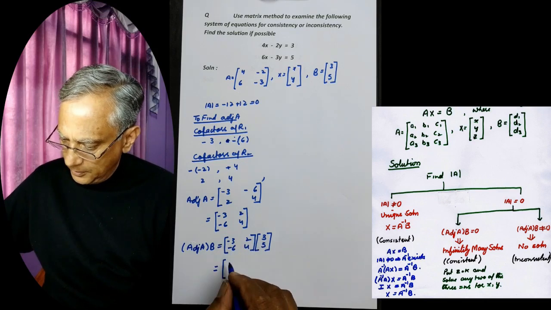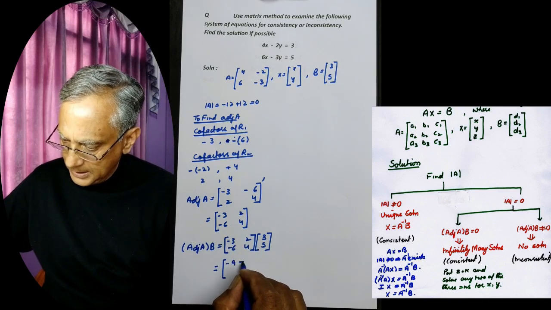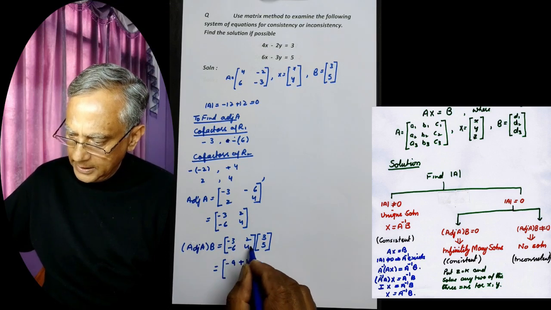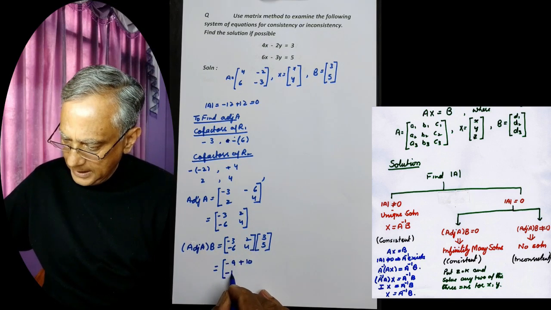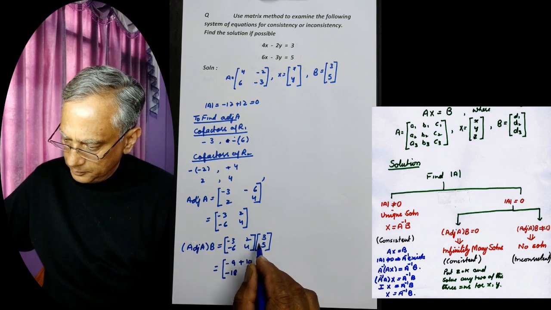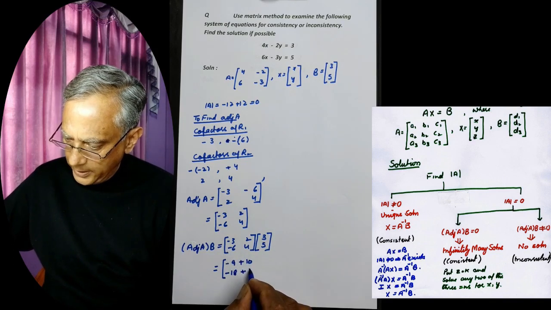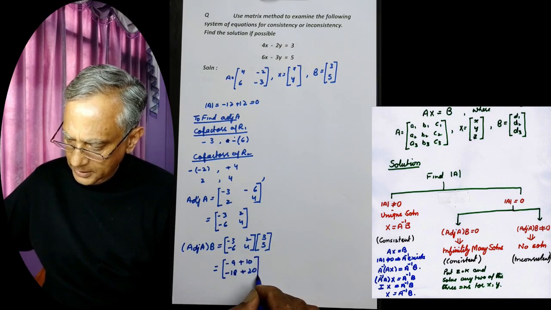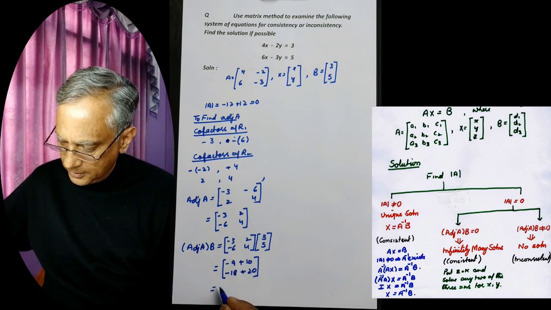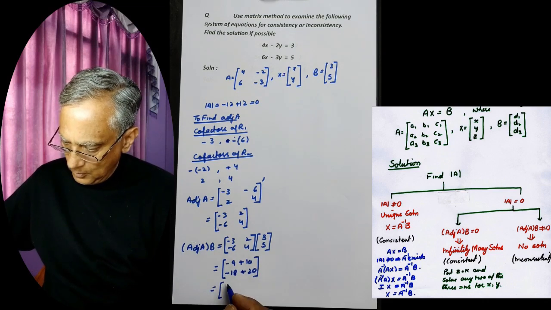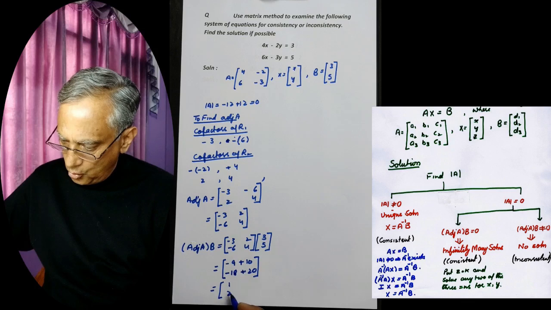This into this will be minus 9 plus 10. This into this, minus 18 plus 20. And this is equal to 1, 2.